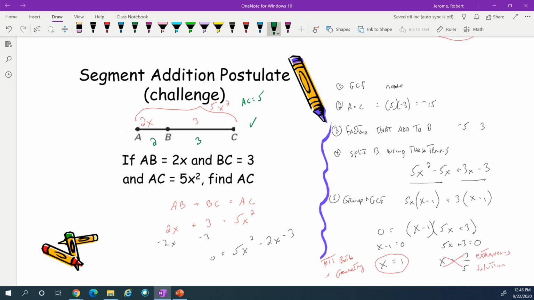The algebra did. And then we plugged in our algebra and just found out one of the answers didn't work for us. The geometry did not change from the previous questions. And that's really important. All right, so we're going to stop there. And it's a good time to do a little more practice with segment addition.